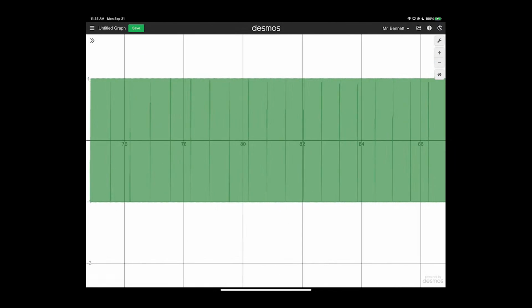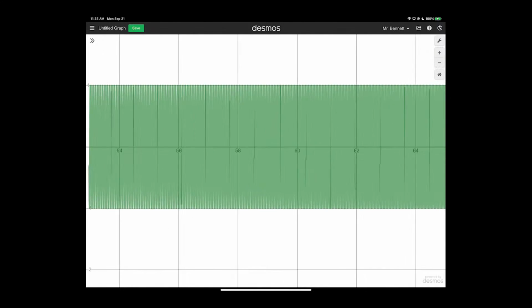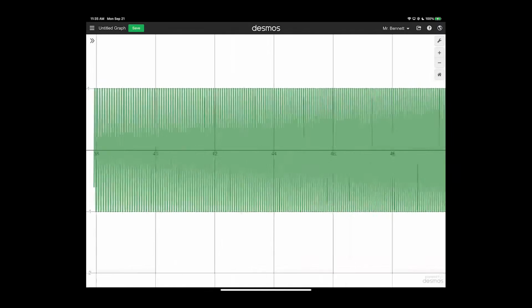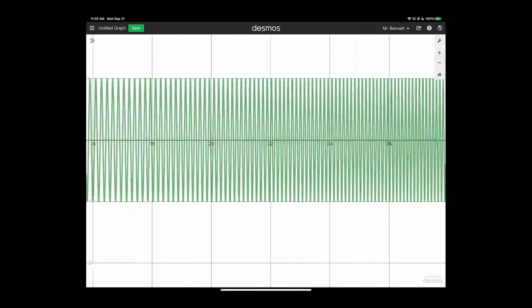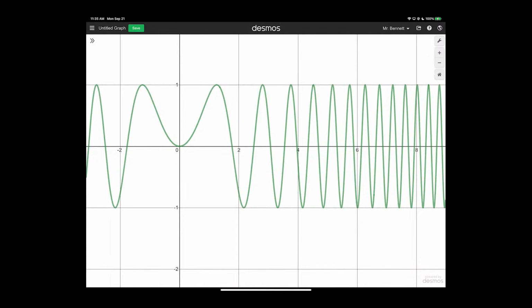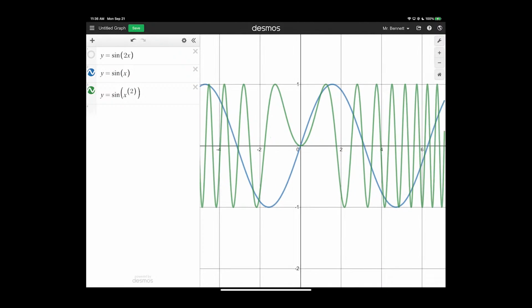So it's hard to even see what's going on here, right? It's all just going back and forth so quickly that there aren't even enough pixels on the screen to represent the differences. But as we get closer and closer to 0, it starts to look more and more like a regular sine wave. So let's go back and show our original sine wave. Okay.